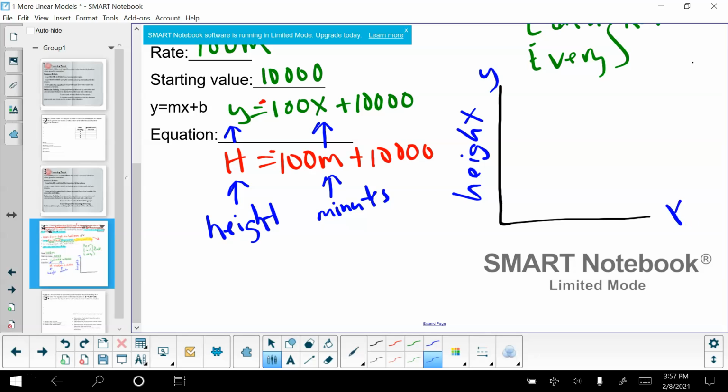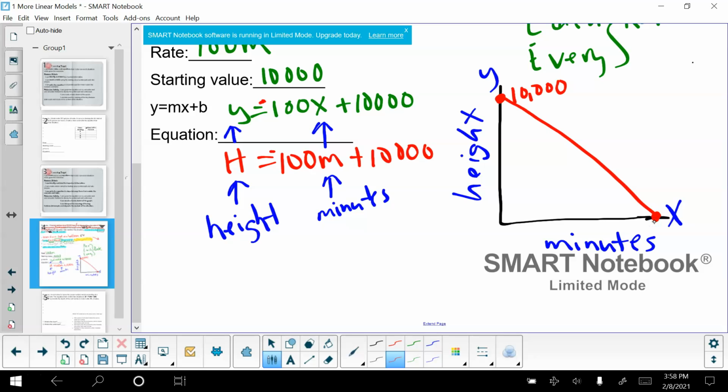So I can put x over here and I can put minutes. Once again, I need to know my starting value. That's my y-intercept. The starting value is your y-intercept, and that was at the 10,000. So I'm just going to put it and label it. And I know it's going down. And at some point, it's going to reach the x-axis, and my x-intercept is going to be right there. So once again, I need to know what my x-intercept is.